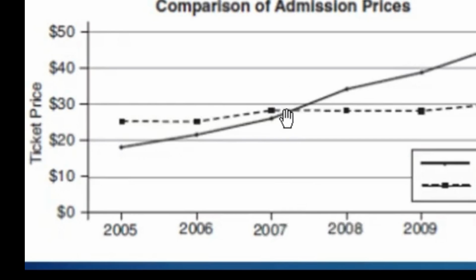Both parks were charging around $28, okay? So whenever you're dealing with line graphs and you see that both graphs touch at a certain point, it means that that's representing an equal value, okay?